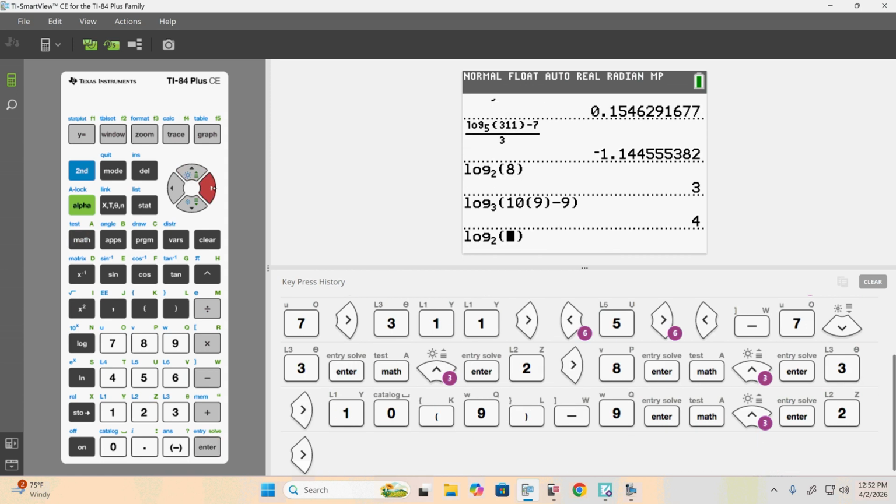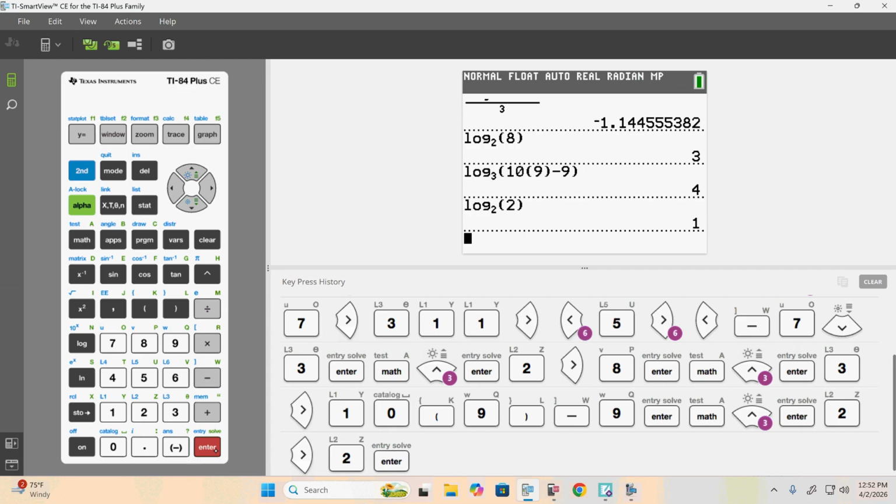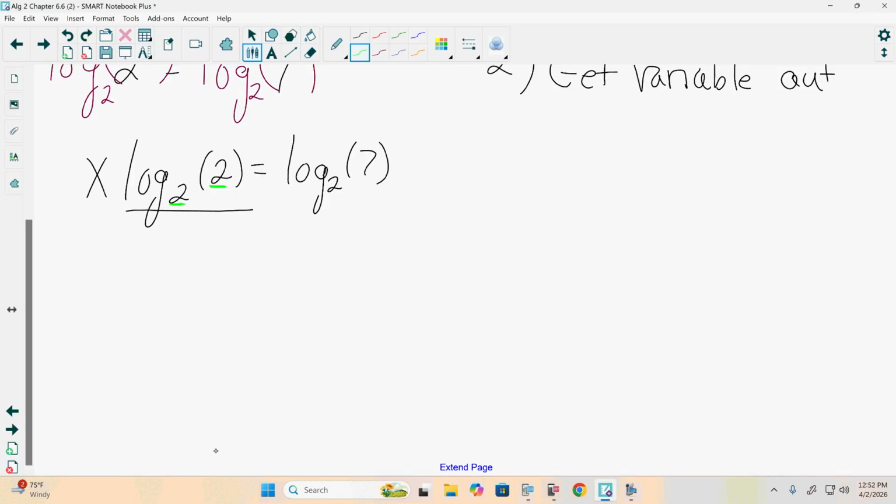That'd be 1. Log base 2 of 2 is 1. So really this whole thing is going to become 1 times x, which is x. So really we have x is equal to log base 2 of 7.